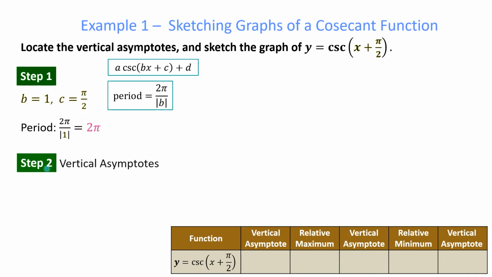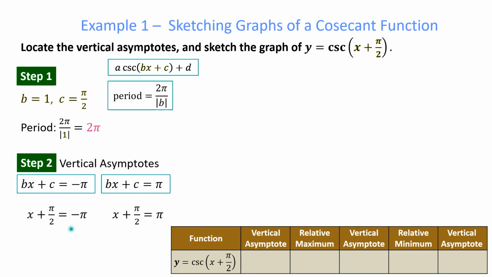So for step 2, we'll work out the vertical asymptotes. These are the two equations we'll need to work out two vertical asymptotes. And if you recall from previous lessons, bx plus c is simply this part that we have within the bracket, x plus pi over 2. So I'll replace bx plus c in both equations with x plus pi over 2. So we get the following.